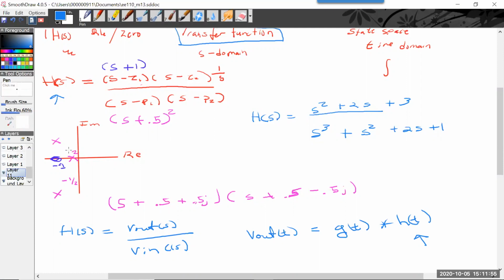Now, in Python, there's another format called transfer function, which might be a bit confusing because in fact both formats are in the s domain.